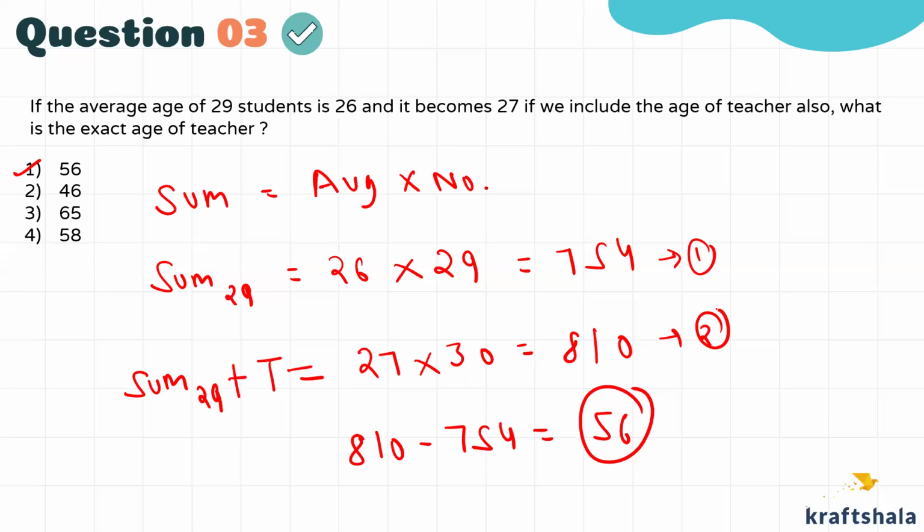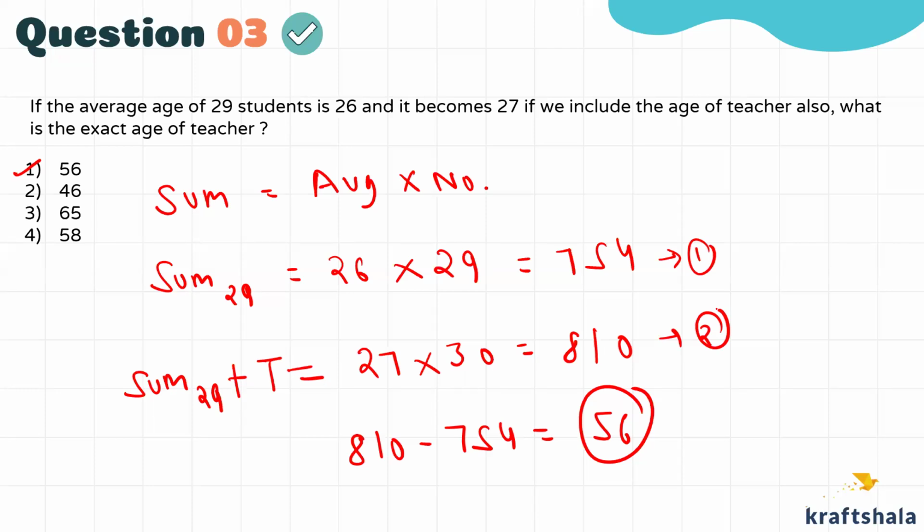Clear? You can note this down. If you have any doubts, let me know. There's just one logic and you just have to manipulate that particular thing. Cool. So these are the three different types of question that you can find in this topic.